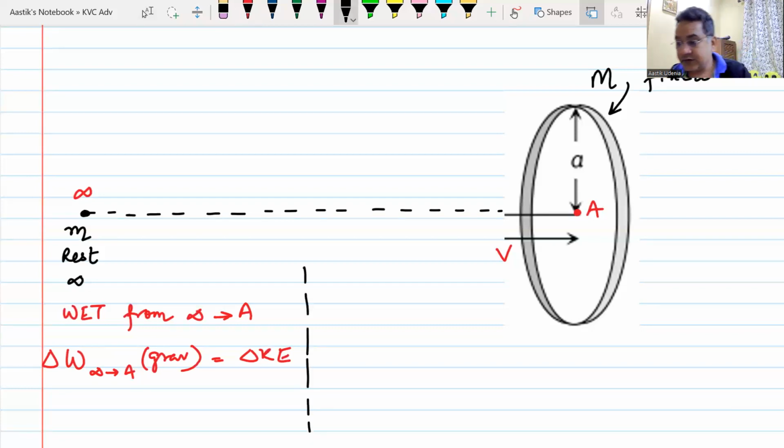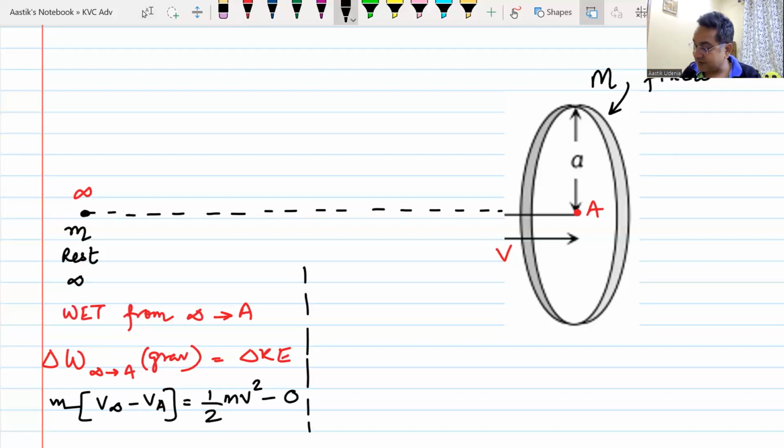The work done is the mass times potential at infinity minus potential at point A, which equals half mv square minus 0.